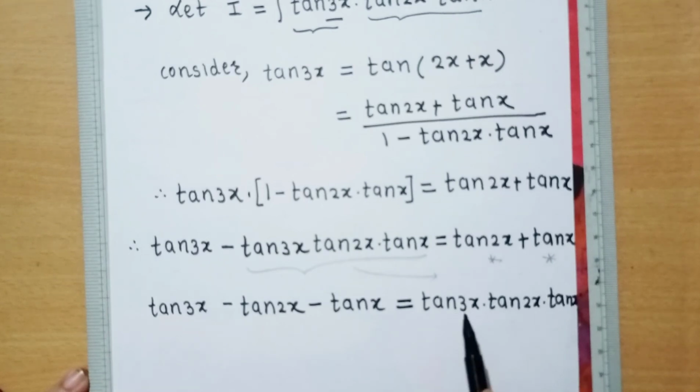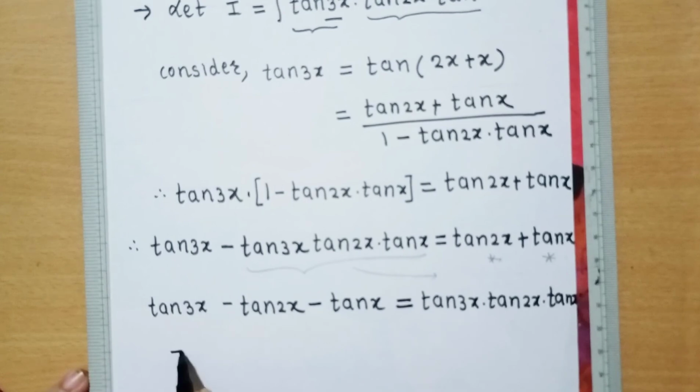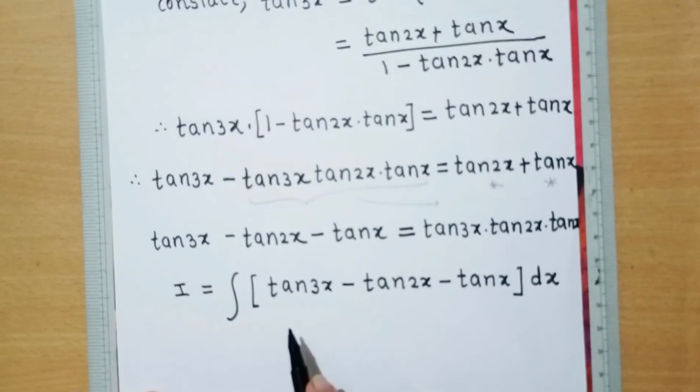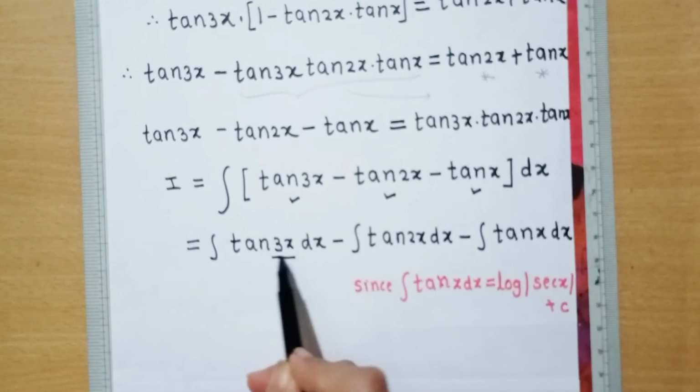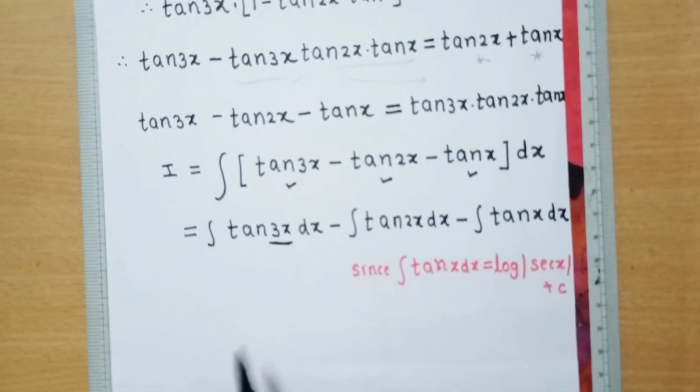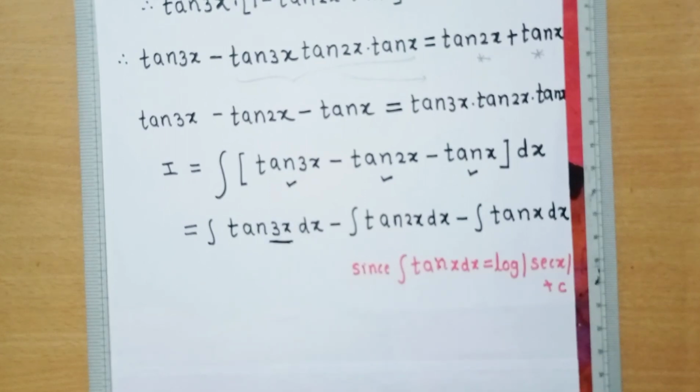and that means we have converted this product into this, and so again we have I is equal to the integration of, instead of this we will write this, and in the next step we will write this integration symbol separately for this, this and this by the rule. Again we know this rule, integration of tan x equal to log of mod of sec x, but this term is in the form ax plus b, so we have to divide by its derivative.